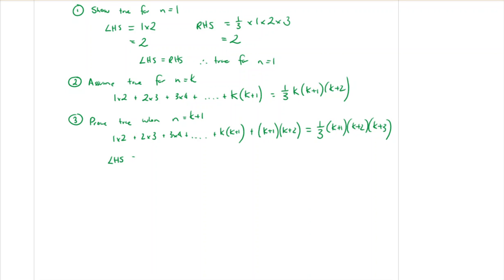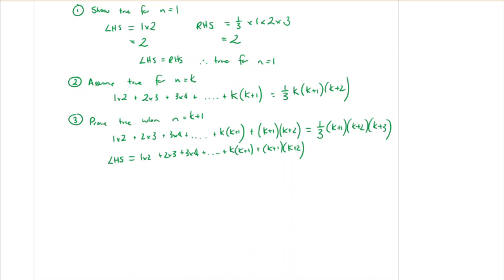Left-hand side equals the 1 times 2 plus 2 times 3 plus 3. You may want to skip rewriting this, but since we're very new to this, I'm trying to show every step. Okay, so there's my left-hand side.